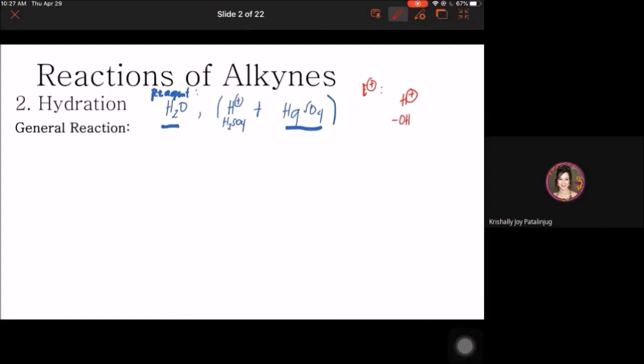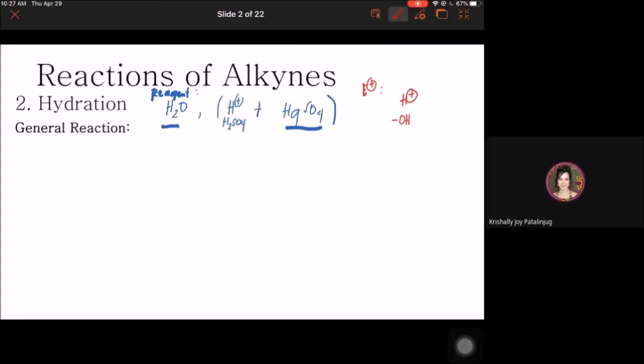Again, these are the electrophiles that will be added upon breaking one pi bond from alkynes. The hydrogen plus coming from the sulfuric acid and the OH coming from the water.